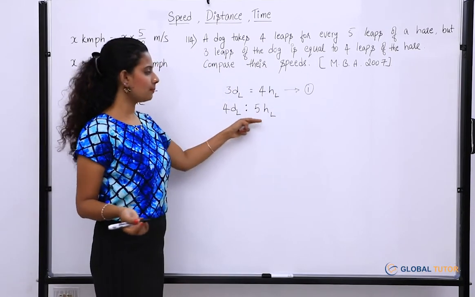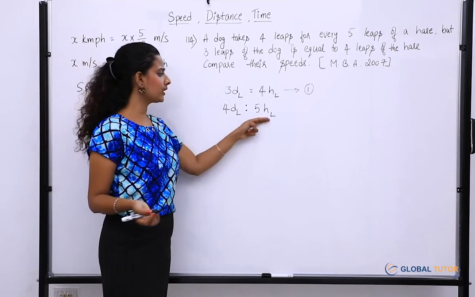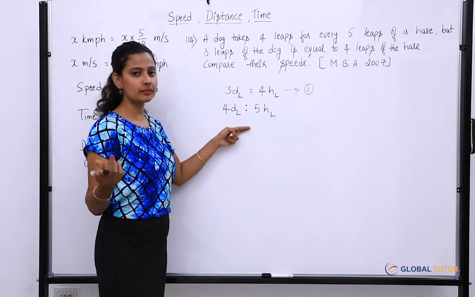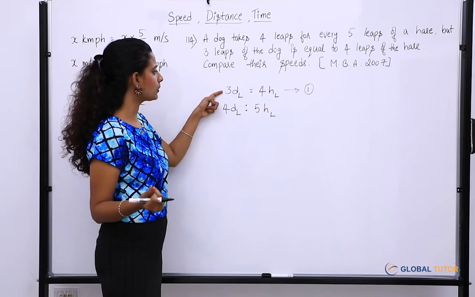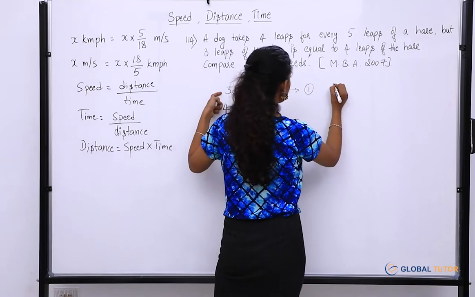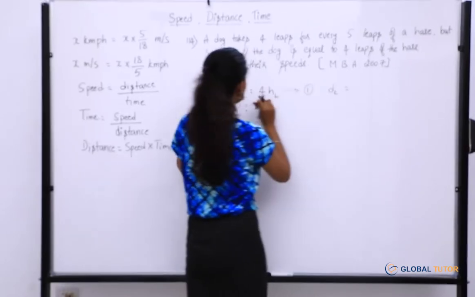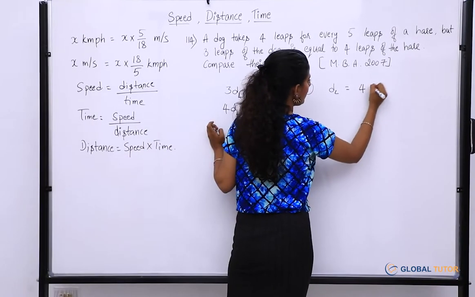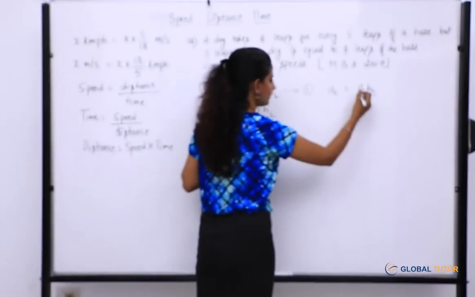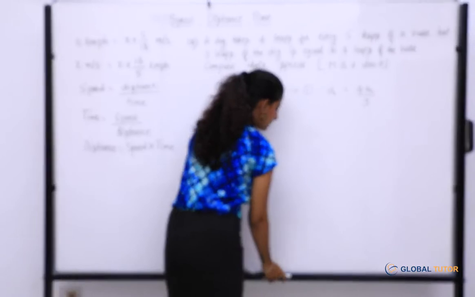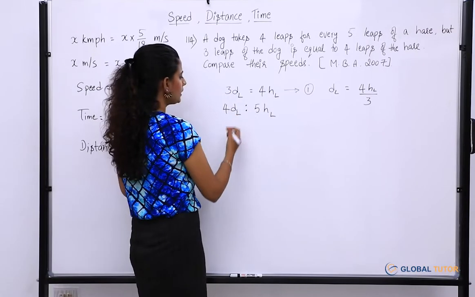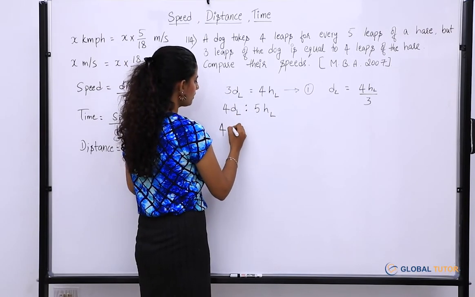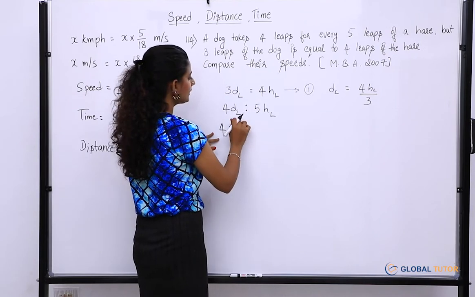Now, we have to compare the speed of dog and hare. So, we need some connection, right? So, we can get it from equation 1. So, here DL, dog leap, is equal to 4 hare leap divided by 3. Now, let us replace the values over here. So, it is 4 into DL.